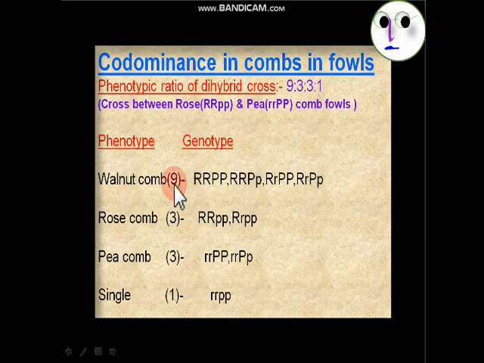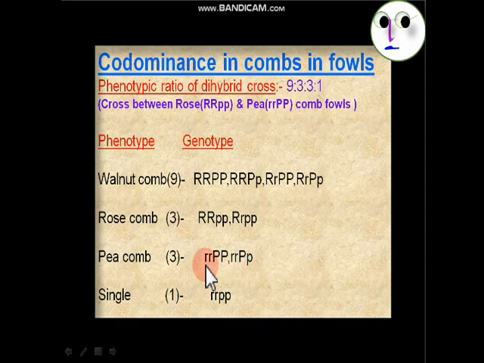So just observe this. Here capital R and capital P are both dominant alleles. If they are present in combination, a new variety, walnut comb, is represented. If any one of them is recessive, if the P allele is recessive, then rose comb appears.